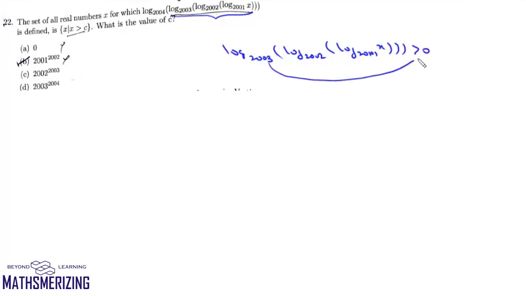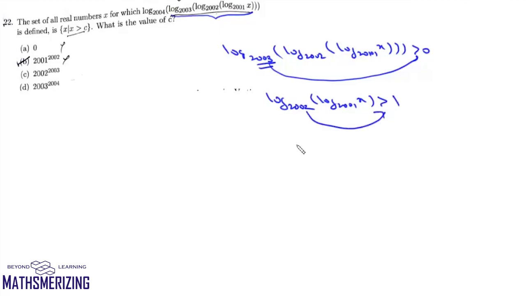Now question number 22 is, we need to find the domain of this function. So this function will be defined when the expression inside log is greater than 0. So it will be log base 2003, and then log base 2002, and then log base 2001 of x, it should be greater than 0. Now if we take anti-log, we'll get log of log x to the base 2001 to the base 2002, it should be greater than 2003 to the power 0, which is 1.